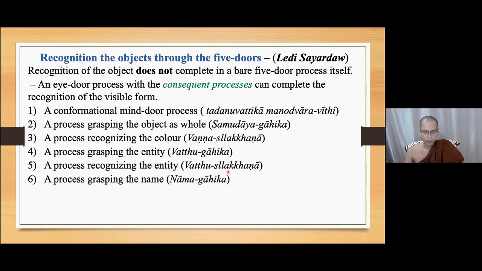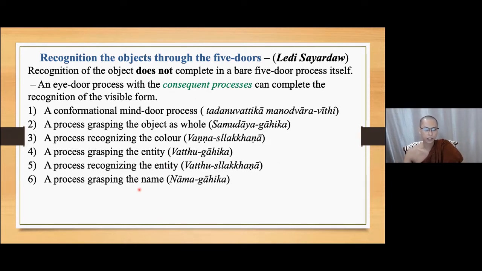Then the process of grasping the name. So after seeing the appearance of the human being, and the object, the color, and the entity come into the mind, then the name comes into the mind again. So this is a human, or this is who. If we see an animal, also by seeing that, the name comes into the mind.